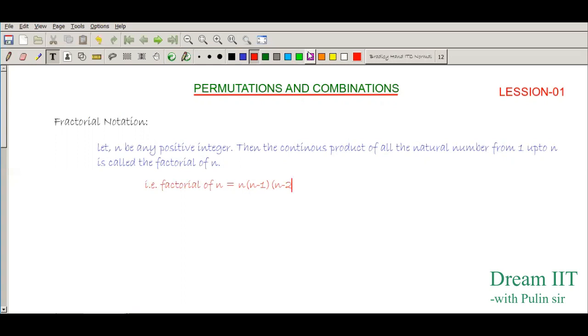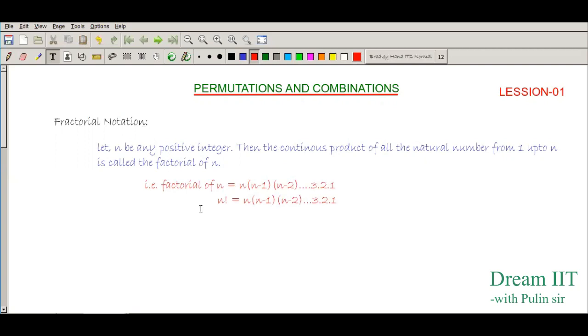I am writing it in the reverse direction. So this is the product n into n minus 1 into n minus 2. We have a notation for this. The notation is n and this colon sign, that is n minus 1 into n minus 2 dot dot dot into 3 into 2 into 1. So this is the factorial notation.